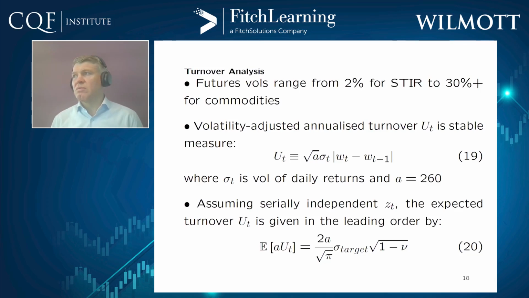But actually, most of it, maybe 90% or 80%, may come from low volatility contracts like short rate futures, right? And therefore, in Formula 19, we introduce volatility adjusted turnover. Turnover is the absolute value of change in weight. We just multiply it by the volatility.